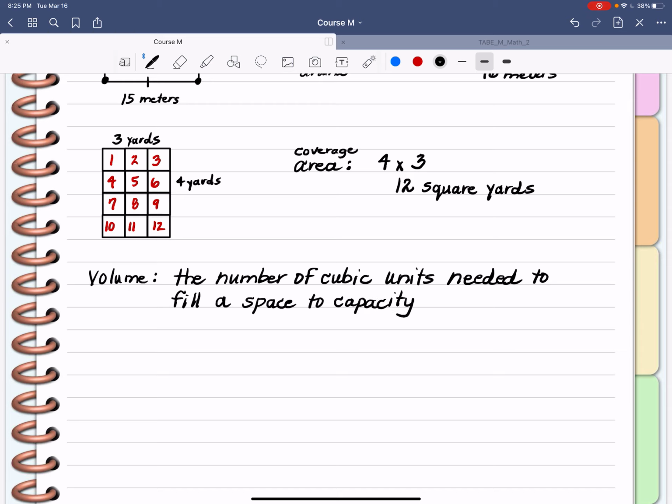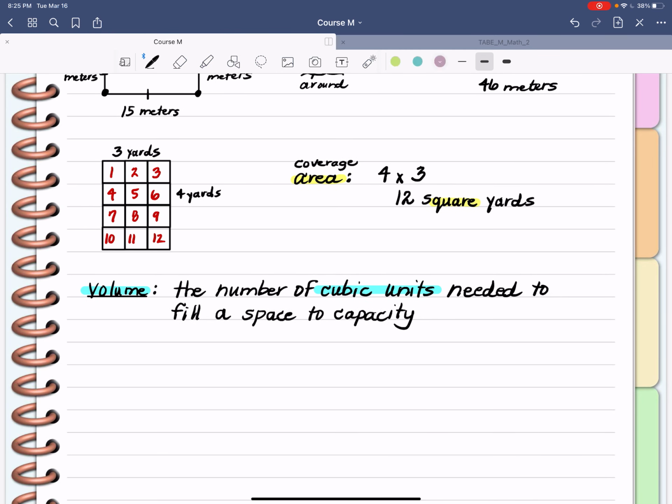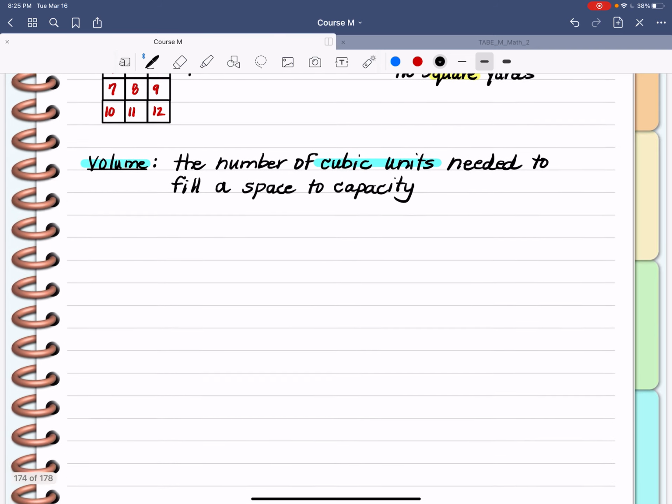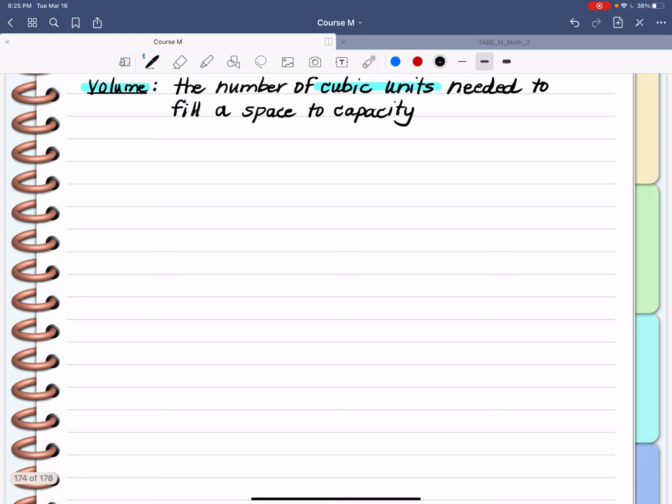So things like swimming pools and refrigerators and soup cans have volume. How many cubic units would it take? Cubic units goes with volume. Square units, remember, go with area. Volume is the number of cubic units needed to fill a space to capacity.